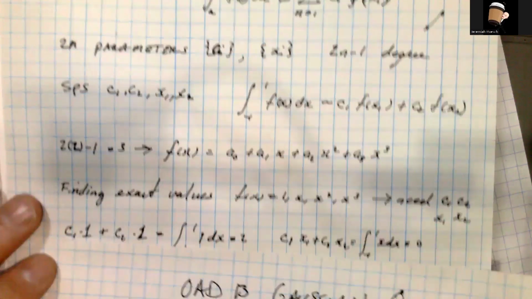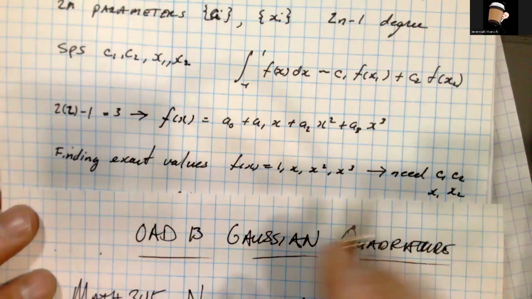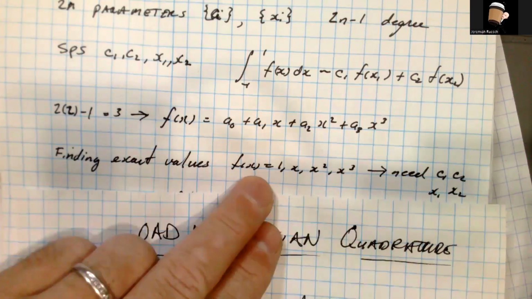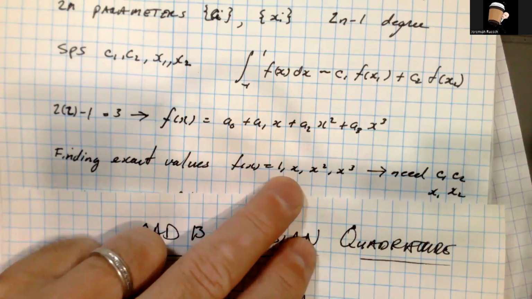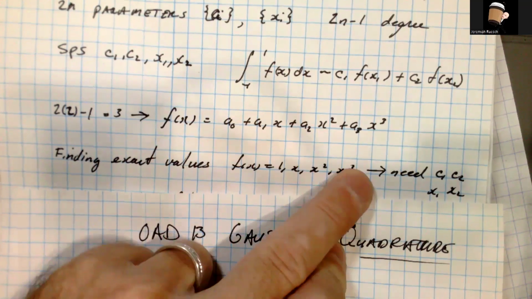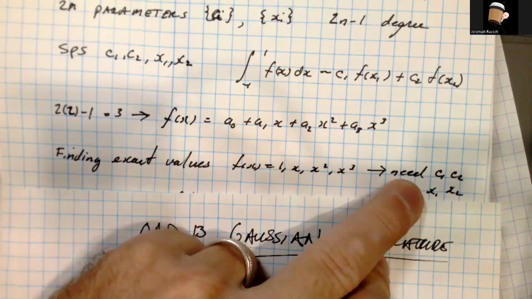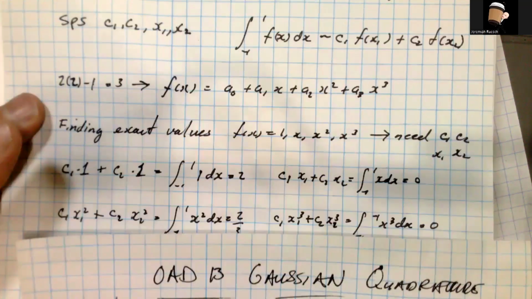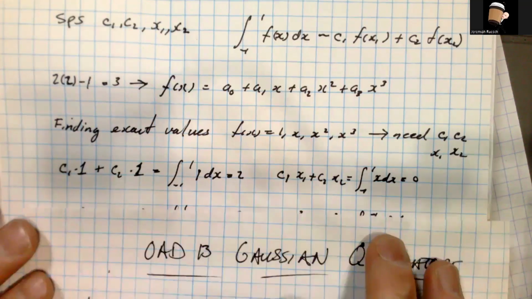There's no reason why we couldn't say that finding the exact values of the function for f of x equals 1, x, x squared, and x cubed means that we need to find the values of c1, c2, and x1 and x2. In order to do that, let's go ahead and create the system.